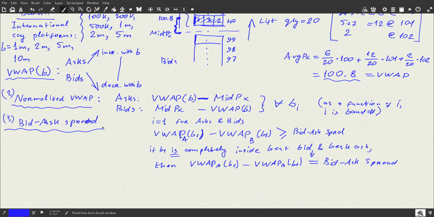For example, what would it mean if, consider I equal to 1, and suppose that VWAP on asks at B1 is significantly greater than VWAP on bids at B1. Suppose that this happens. I mean normalized VWAPs minus mid price.